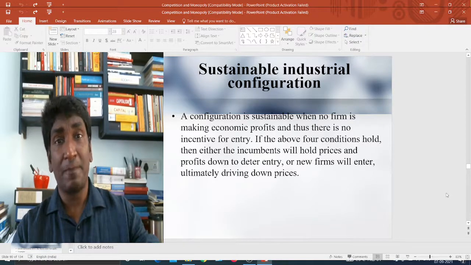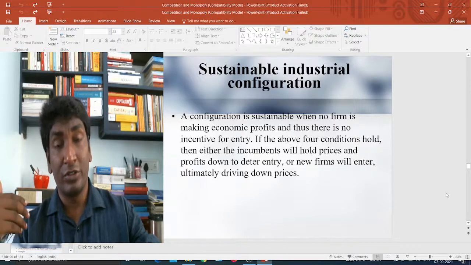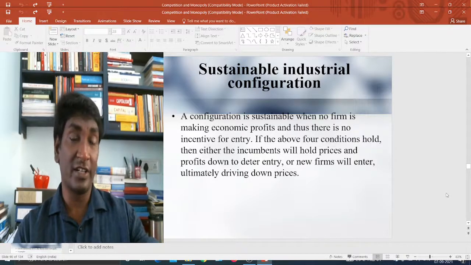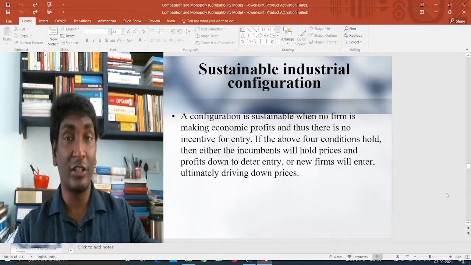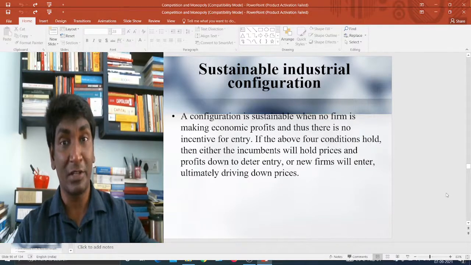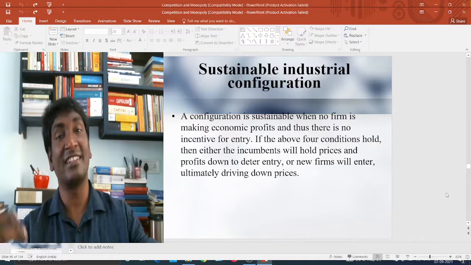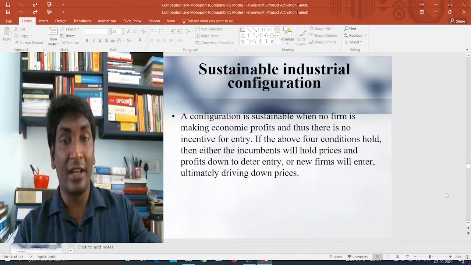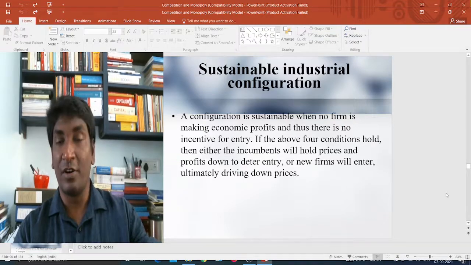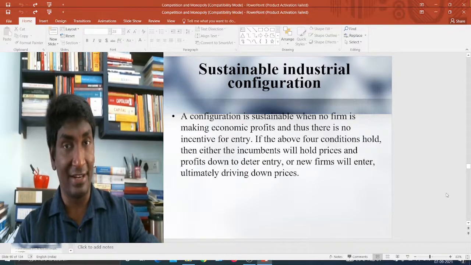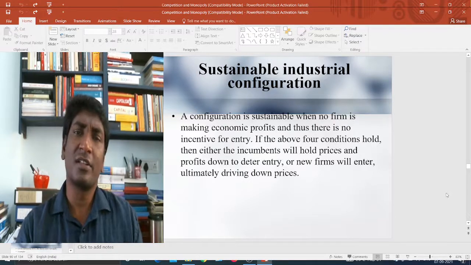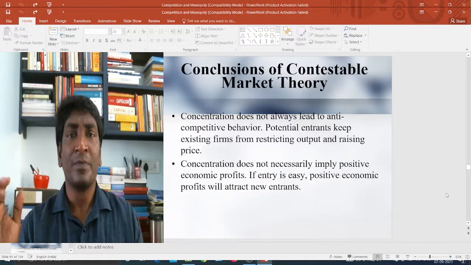At the same time, if you can still do better, there is a possibility, as we discussed in the previous lecture, that you become the price leader, because you have more advantage than the existing firm. So you may replace the existing firm as the price leader. These are all possibilities that come under this particular market structure.